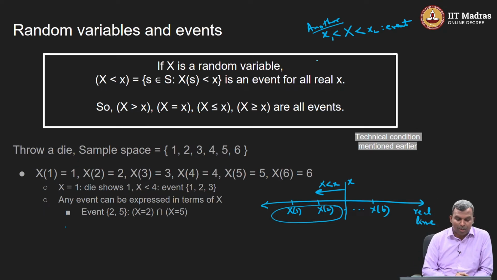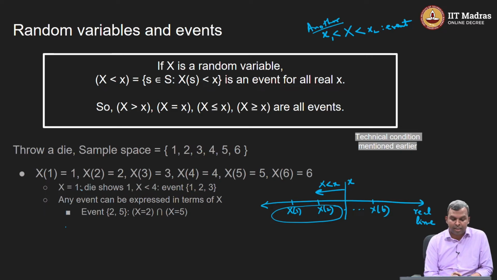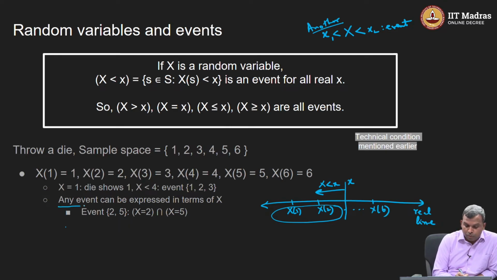So here's an example. Once again, I've given you an example where the random variable is sort of like the identity function in throwing a die. X is simply the number that shows up there. You can see X equals 1 is the event that the die shows 1, X less than 4 is the event {1, 2, 3}. Any event can be expressed in terms of X. Notice this is a crucial property, because this X is like an identity. It's a mirror of the sample space, right?